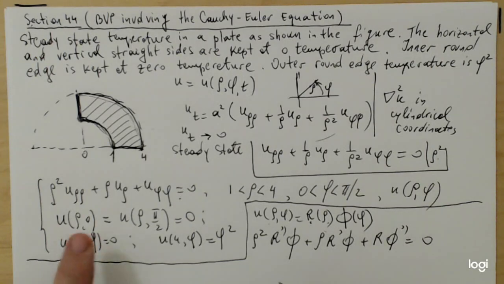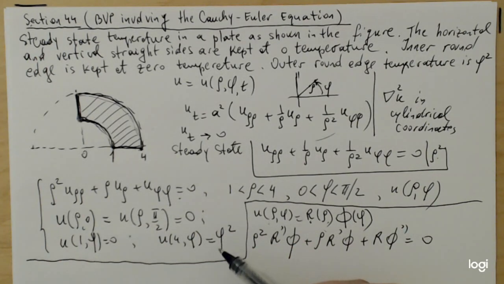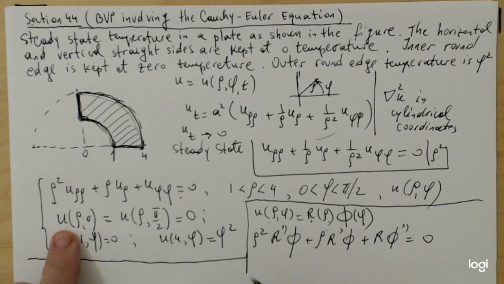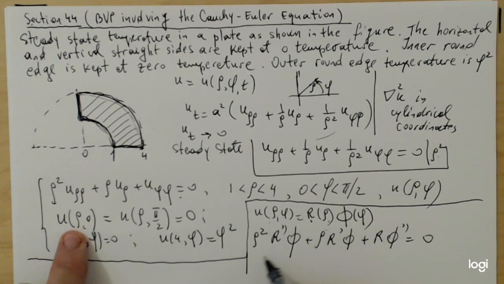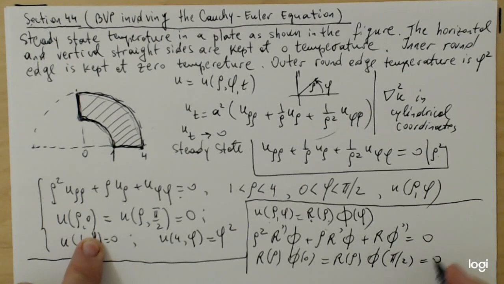Next thing to do, plug in the product form into all the conditions, the homogeneous condition that is. Remember, the non-homogeneous one is dealt with at the end after superposition principle, but the homogeneous ones become big R of rho phi of 0 equals big R of rho phi of pi over 2 equals 0.